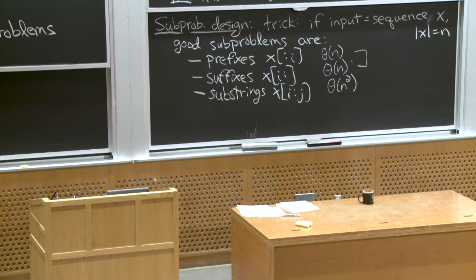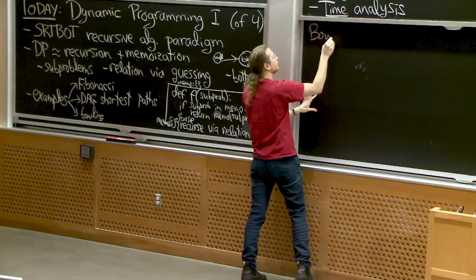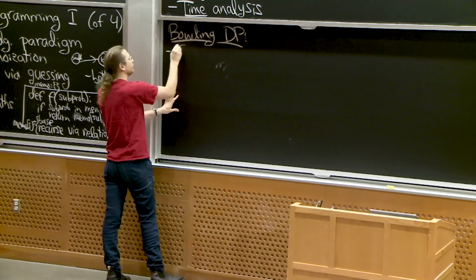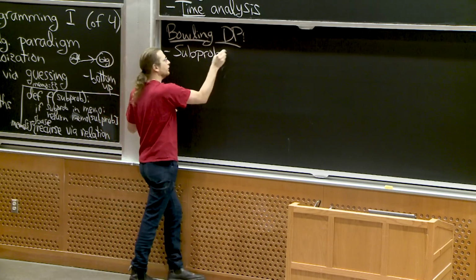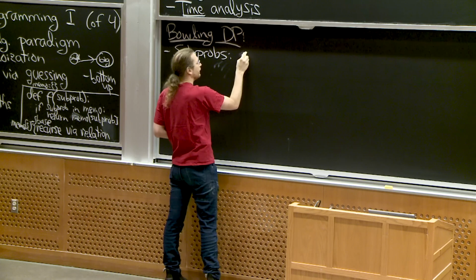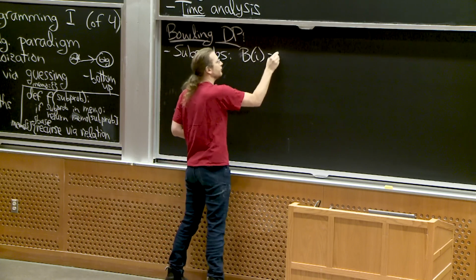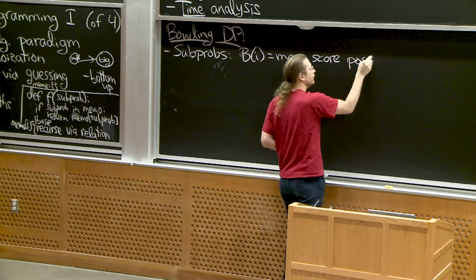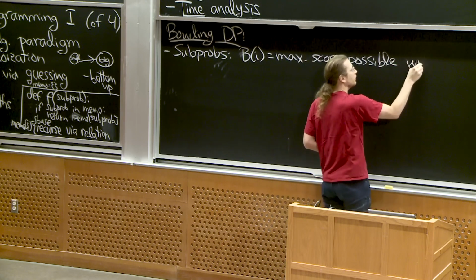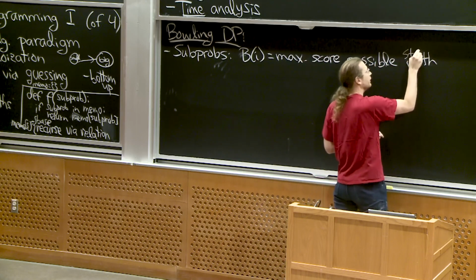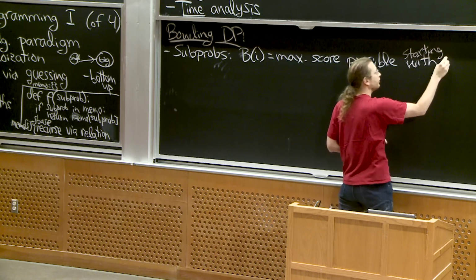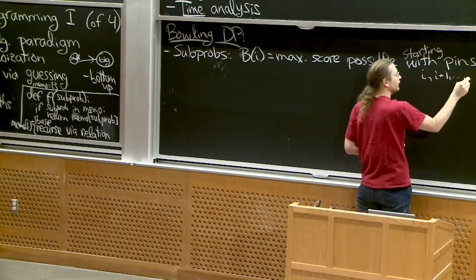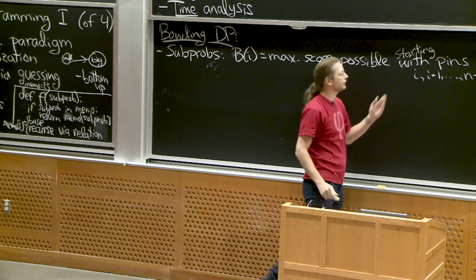SRTBOT for bowling. So here's our dynamic program. The subproblems are suffixes. I'll write B of i is the maximum score we could get if we started a game with pins i plus 1 up to n minus 1, which is a suffix of the pins.